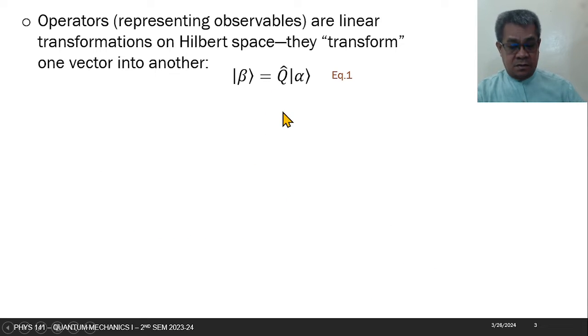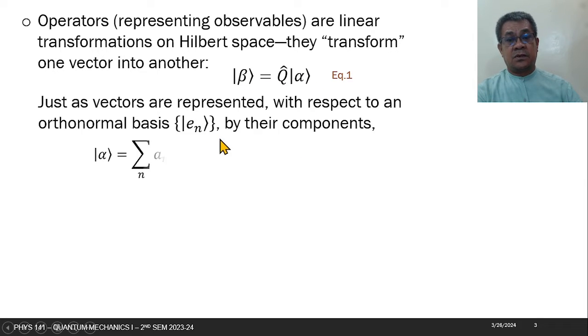For an operator Q that acts on the alpha vector, it will provide another vector beta. Similarly, for an orthonormal basis e_n, the alpha vector is just equal to the summation of a_n acting on the basis e_n.